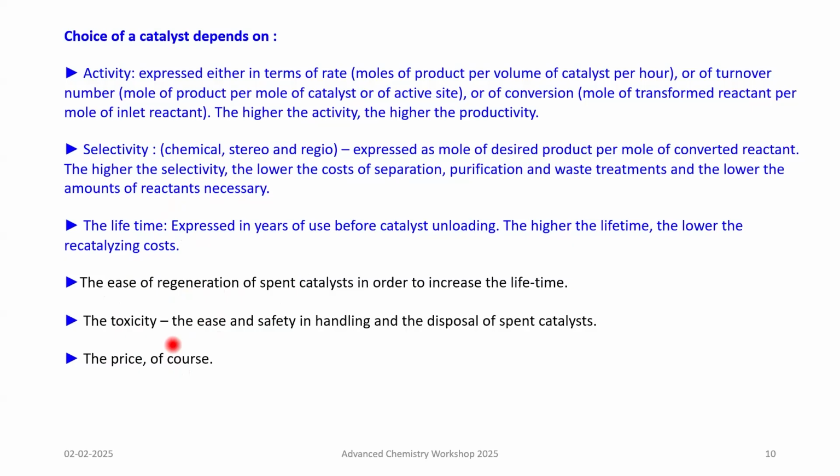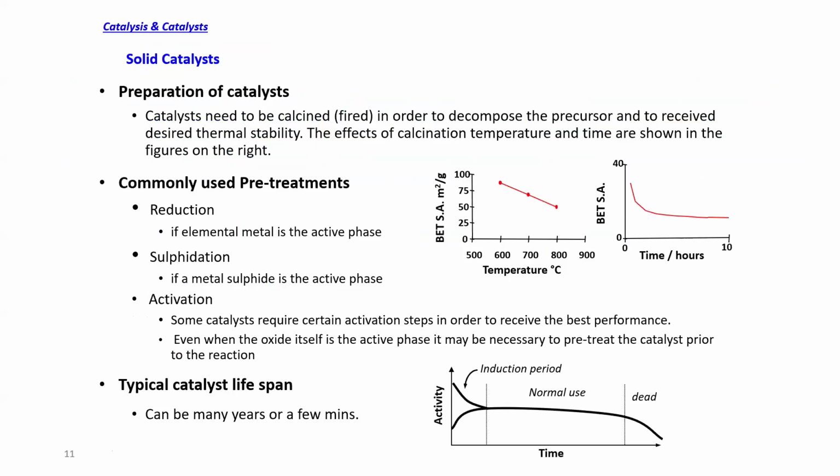Once they choose a catalyst, you have to get the chemistry of the catalyst, the structure of the catalyst, and so on and so forth. So quickly I will give you some examples of preparation of catalyst. People prepare catalysts in various ways.